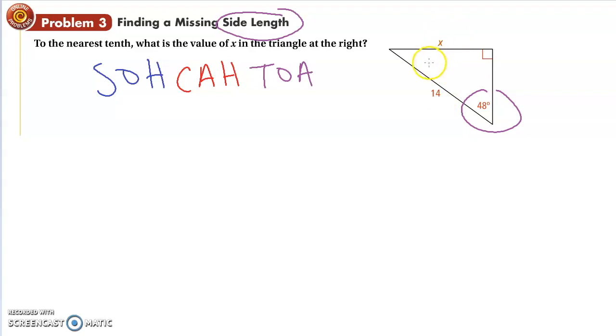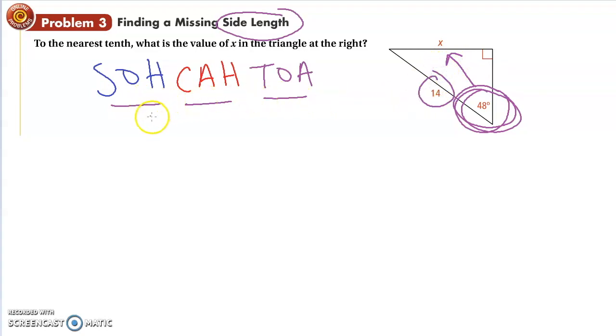So what we want to do is figure out which of the three trig ratios we use. Do we use sine, cosine, or tangent? Well, according to this, we always circle our angle first, and the angle that we're trying to find the opposite side, and we already have our hypotenuse.